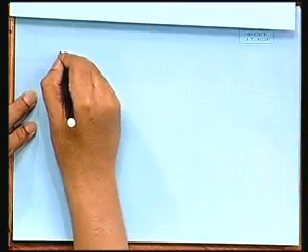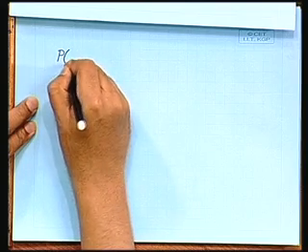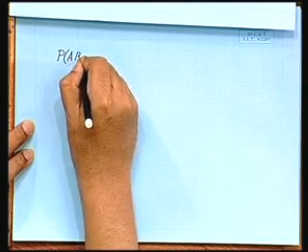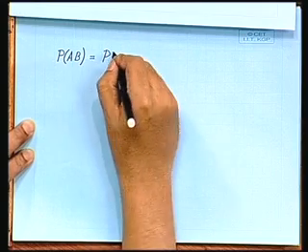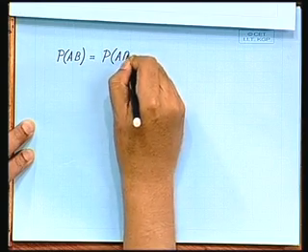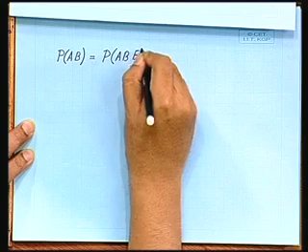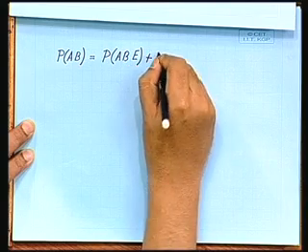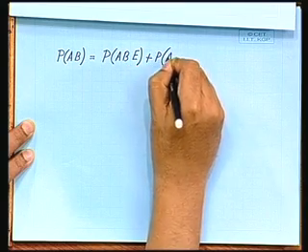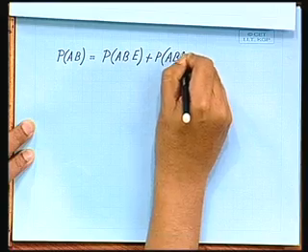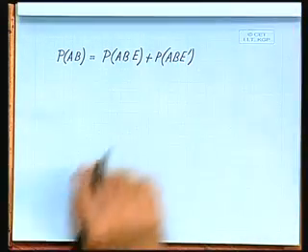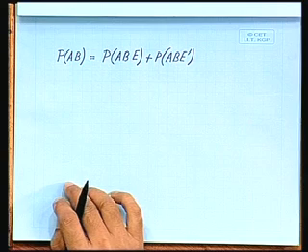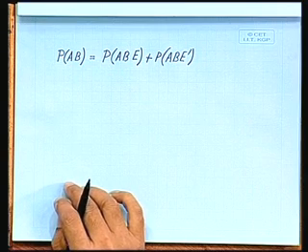To compute P(A,B), we can compute that as P(A,B,E) plus P(A,B,E'), right.